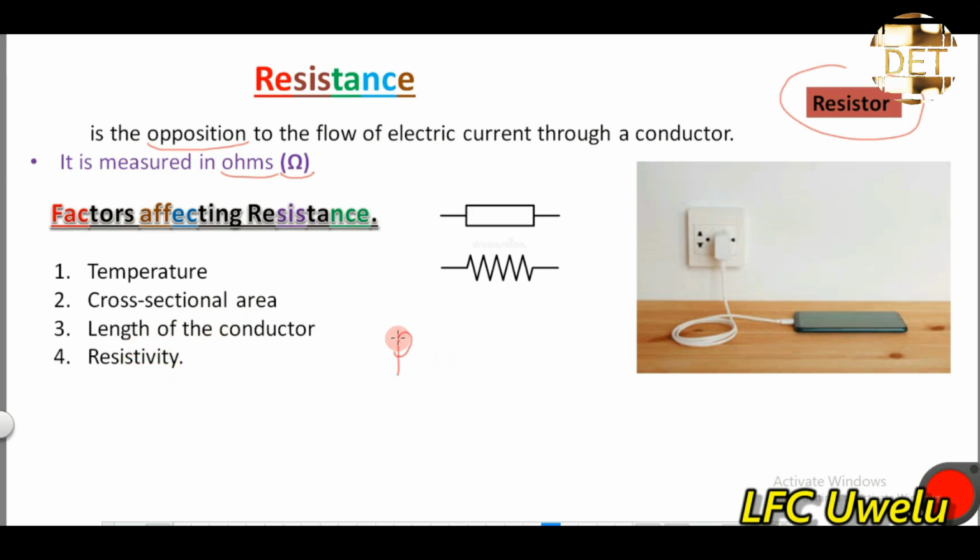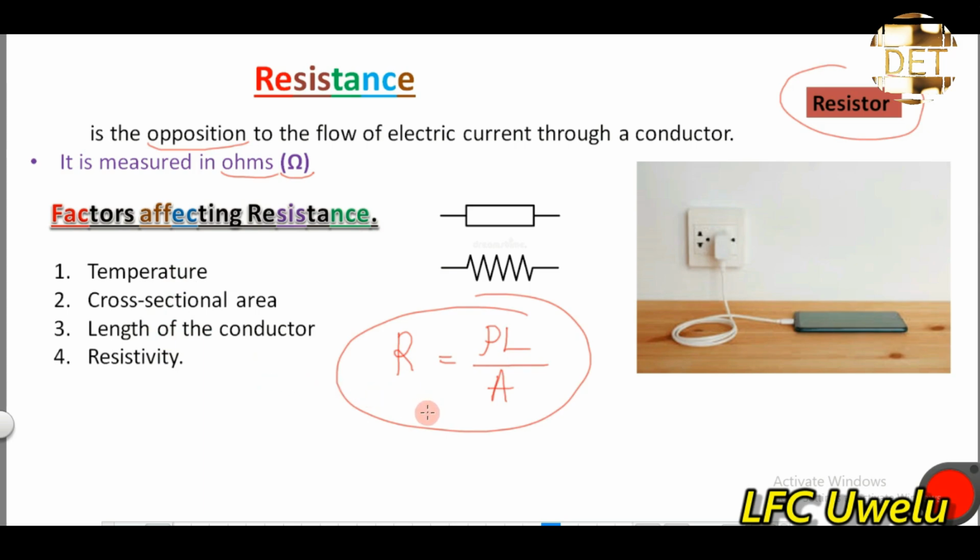That is, resistance of a material is equal to the resistivity times the length all over the area of the conductor. So this formula is very important. R, which is resistance, is equal to resistivity times length over the area of the conductor, right? So note this formula and note these four factors as well.